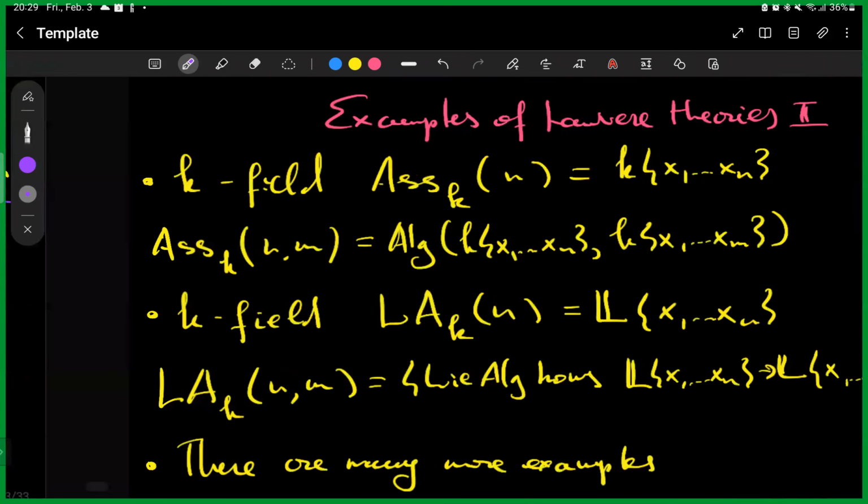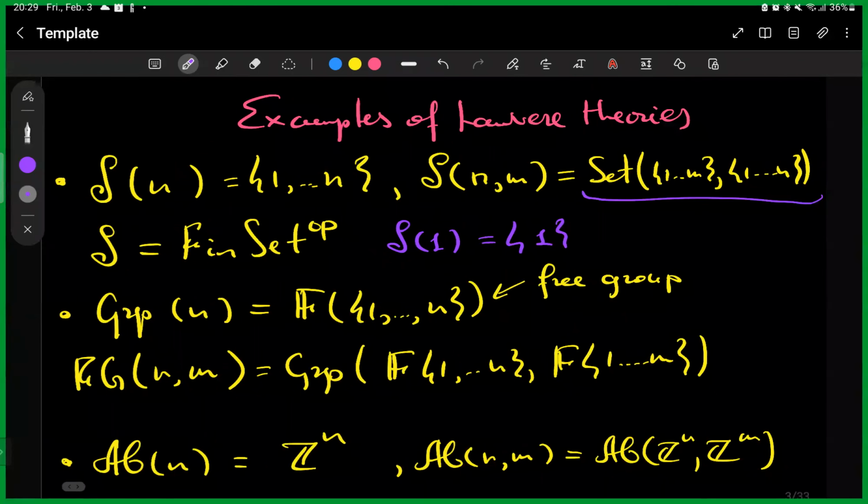So the set of morphisms consists of arbitrary morphisms in Set, yes? Yeah, arbitrary homomorphisms. Okay. Arbitrary maps of sets.